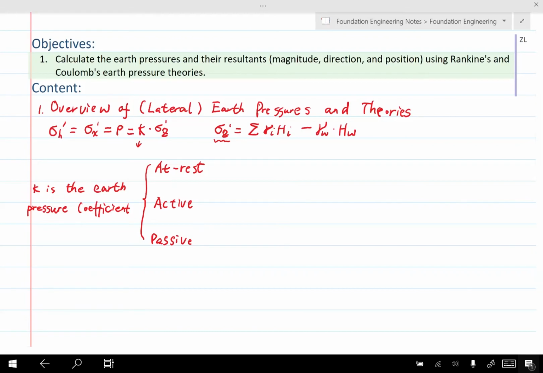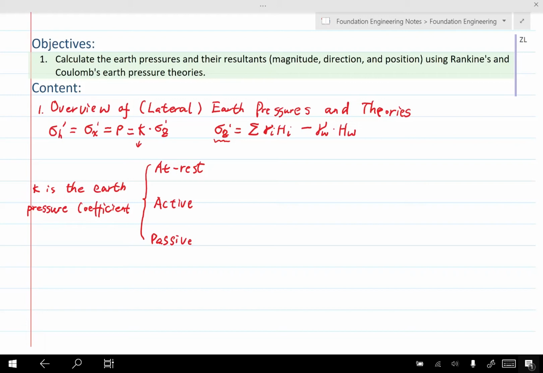At rest is the state without any soil movement. So that's what we have in the ground before we place any buildings on it. Active is the state when the soil moves actively, and the limit state as the soil starts failing. And the passive is the soil fails because another object pushed the soil and makes it move away from its original position.